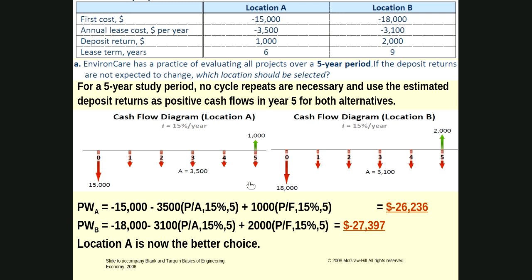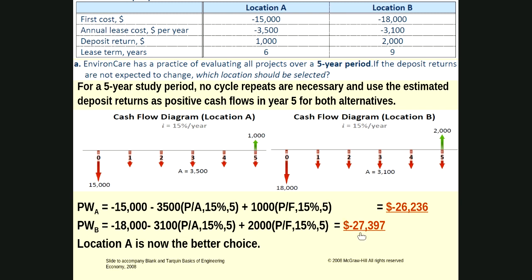Okay. Now solving the problem is much easier. We don't have periods. We will solve all the values in one step. The minus 15,000, no need to change it. It is already at time 0. And the 3,500 is an annual P given A for 5 years now instead of those 18 that we used, plus the 1,000, which is the salvage, P given F 15 for 5 years.